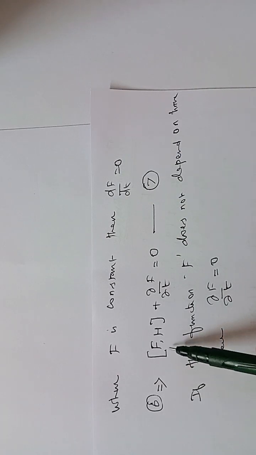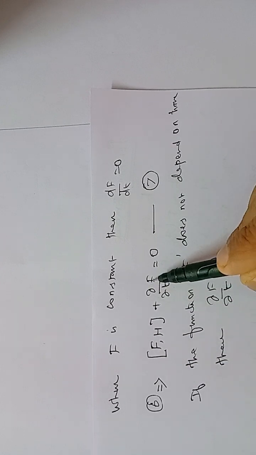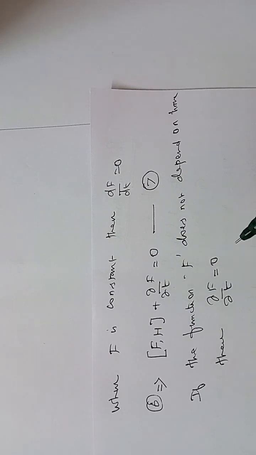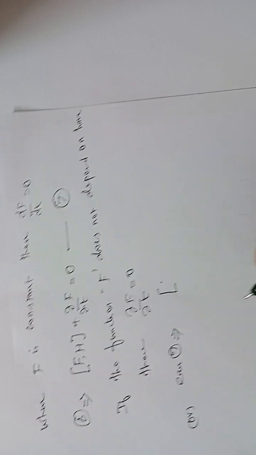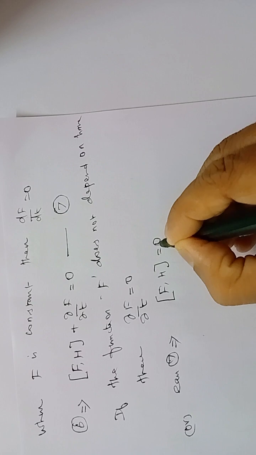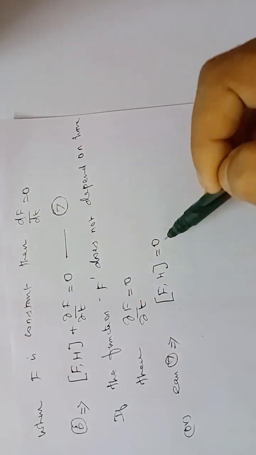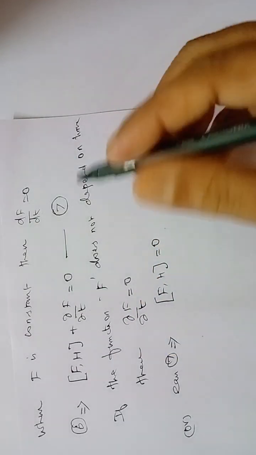If f does not depend upon time, then dou f by dou t becomes 0. So from equation 7, the Poisson bracket of f comma h becomes 0.